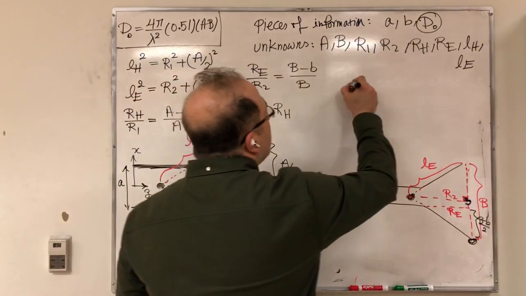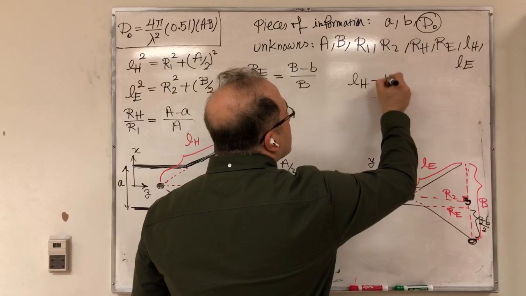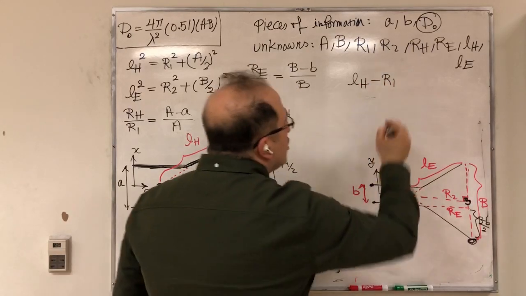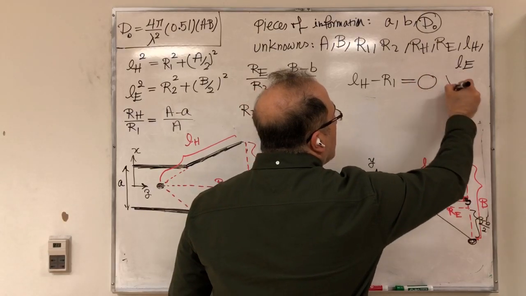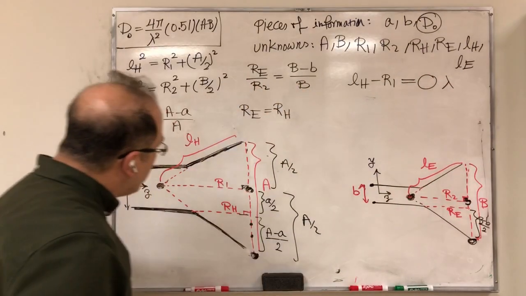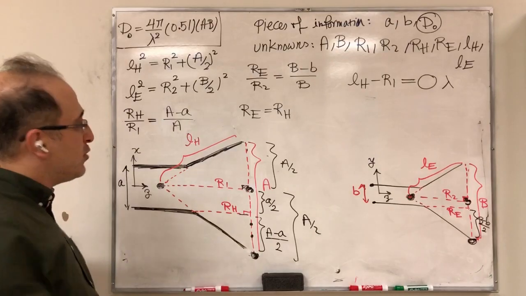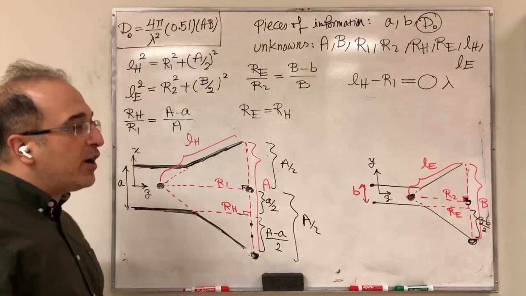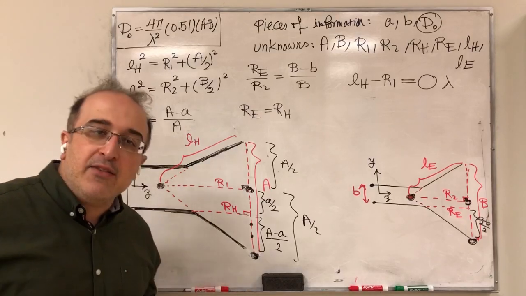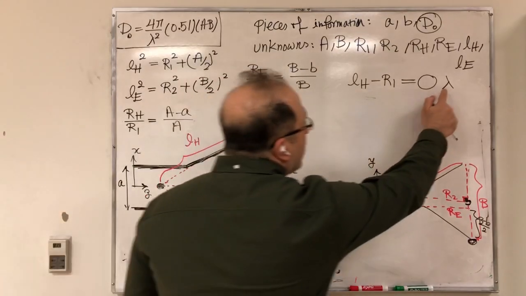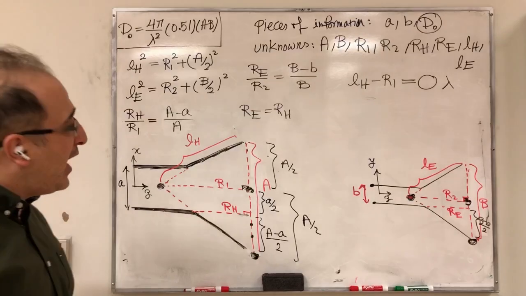So we say LH minus R1 should be about something times lambda, because remember, everything is with respect to wavelength. So if you say LH minus R1 shouldn't be too much different, you're saying with respect to wavelength. So that's why I have wavelengths here. And the same thing here.